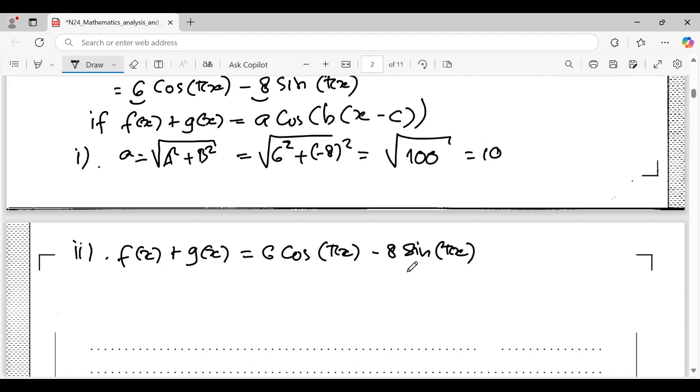Look at this function: cosine has pi, and sine has pi as well. So the value of b is pi.